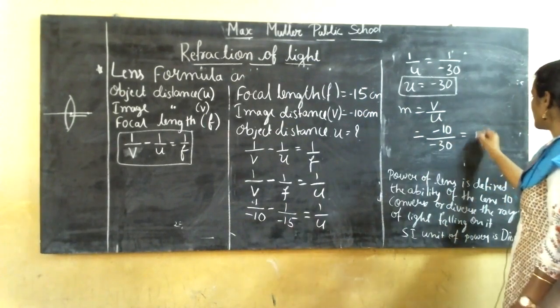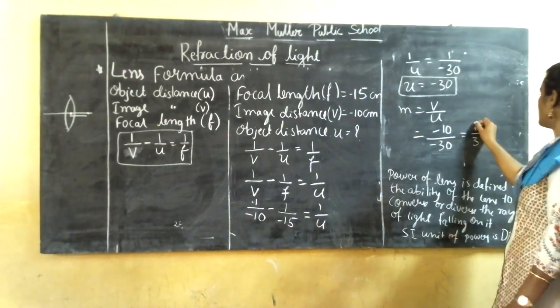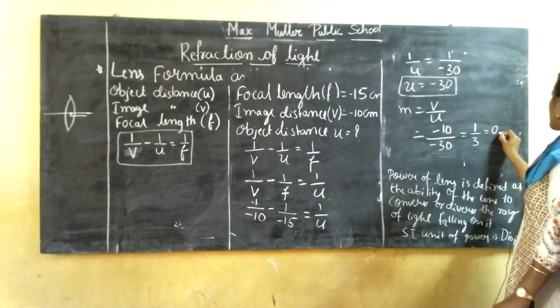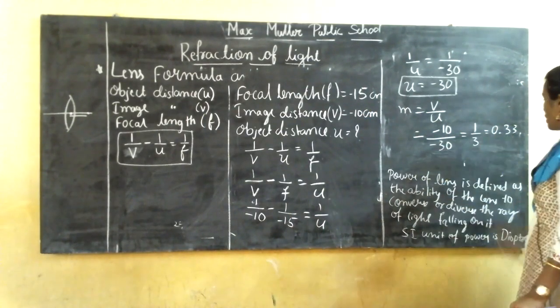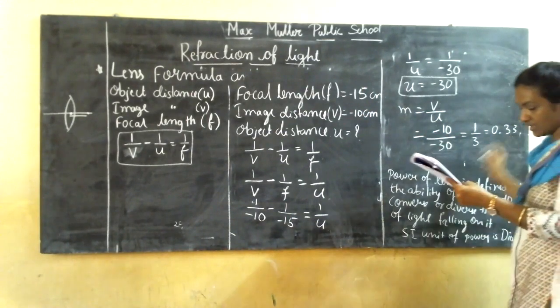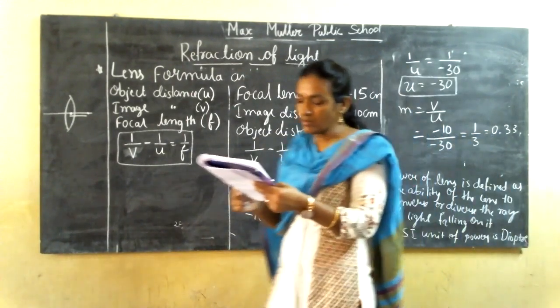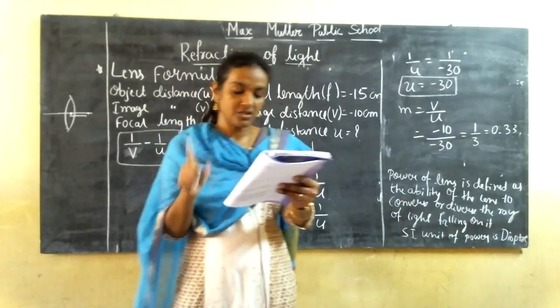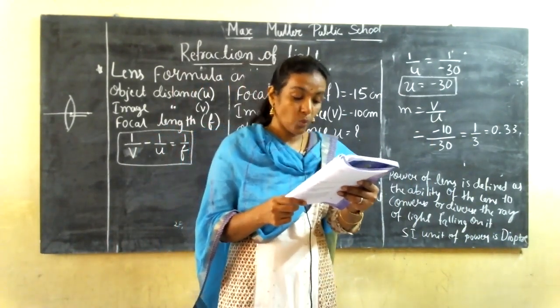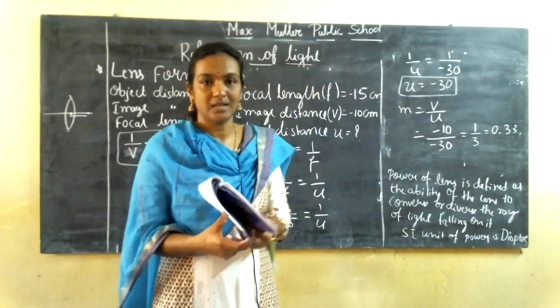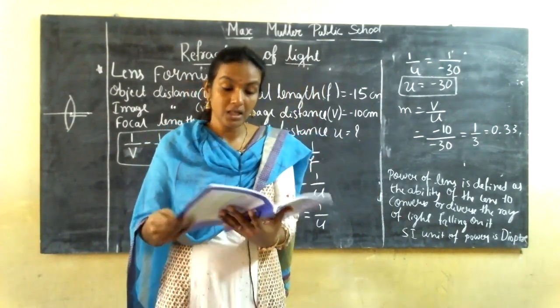Minus minus gets cancelled here. This is 1 by 3. When you divide 1 by 3, you will get 0.3333. This is the answer. The positive sign shows that the image is erect and virtual. The image is 1/3 of the size of the object. This is how you need to solve the problem.